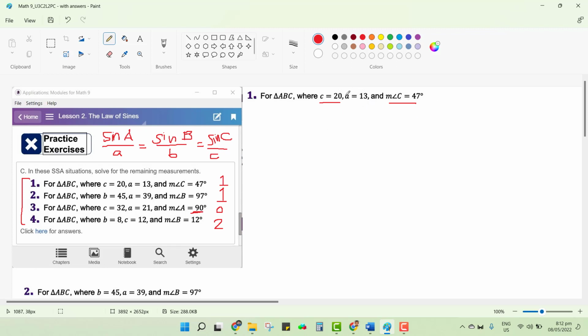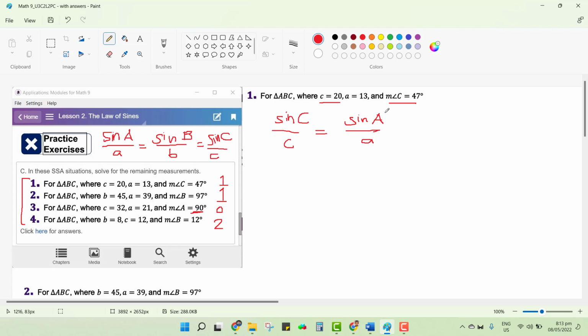So for us to solve angle A, because we have side A's measurement, let us pair sine C over C equal to sine A over A. In this case, we are going to solve now for an angle.